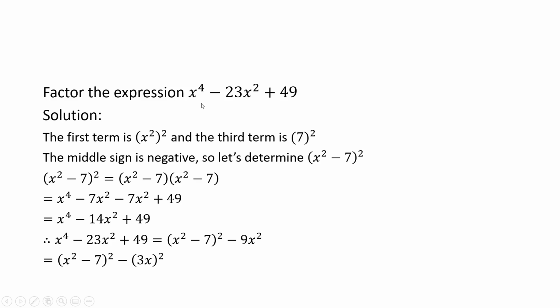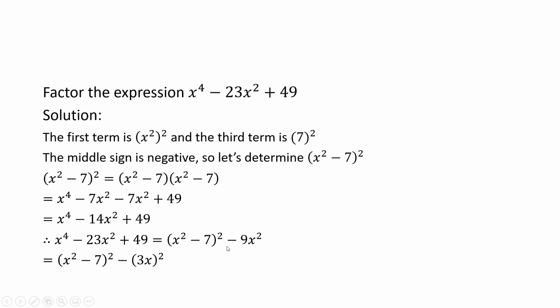So we were given x to the 4 minus 23x squared plus 49. We're going to change that to x to the 4 minus 14x squared plus 49. But of course, we still have to subtract the extra 9x squared. So we can say x to the 4 minus 23x squared plus 49 is x to the 4 minus 14x squared plus 49, aka x squared minus 7 quantity squared, minus 9x squared.